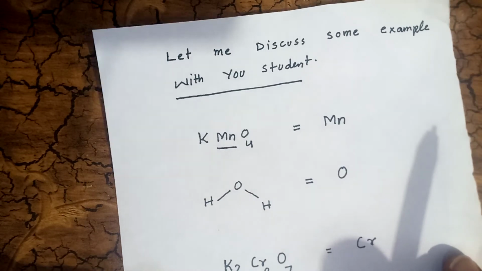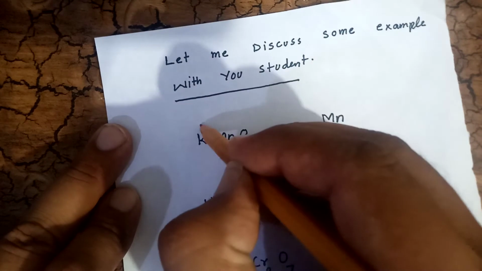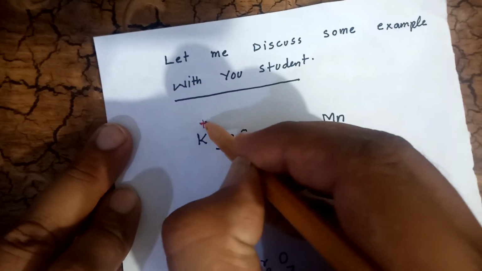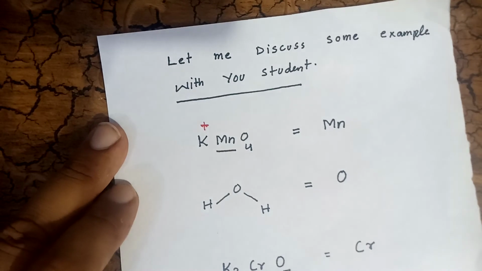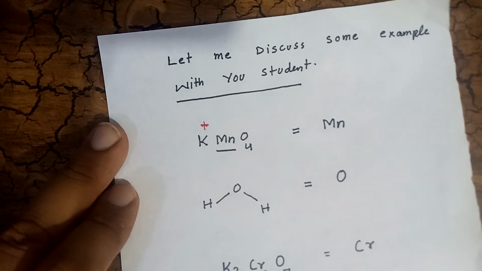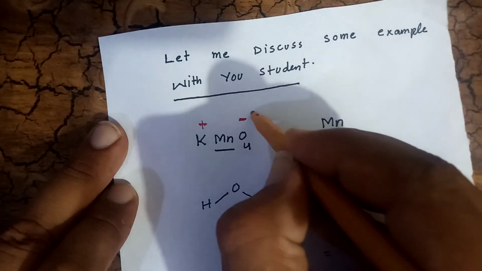You know that potassium has the +1 oxidation state. And look, we have the oxygen. Oxygen has the oxidation state -2, so for four oxygens it is -8.